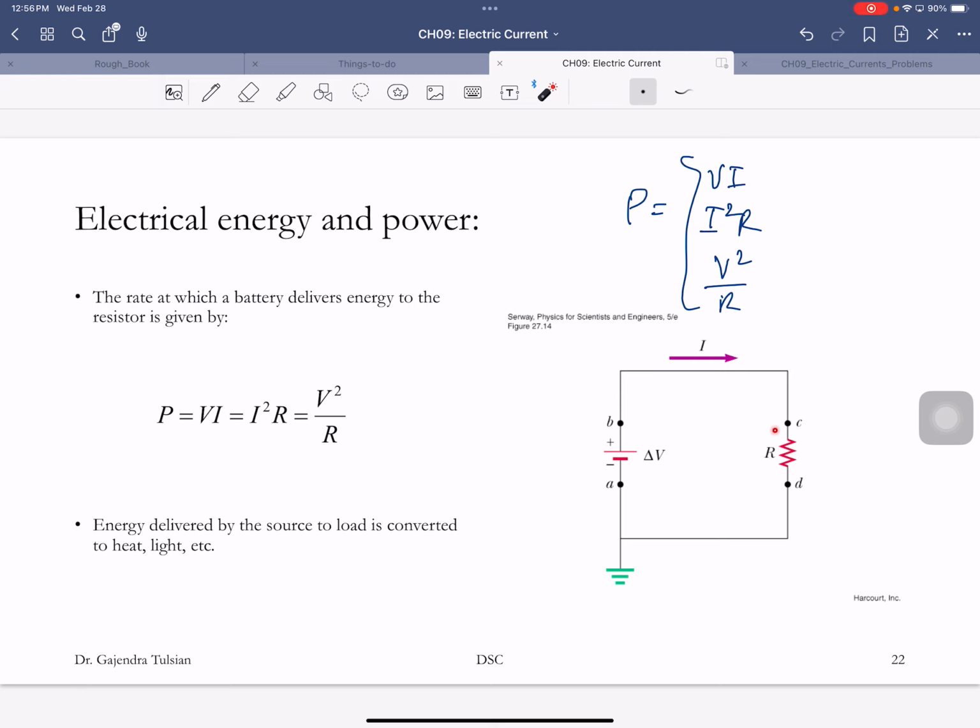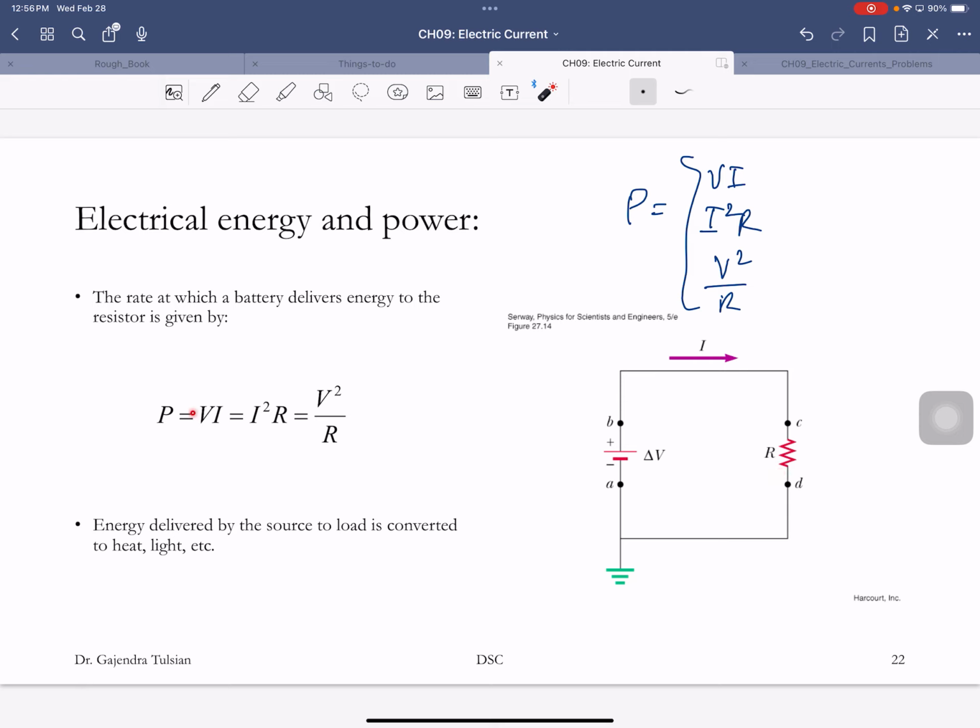And then what's happening to that energy here? This load is converting it into light, heat, or whatever it is that you're trying to do. So a light bulb converts that energy to light and so on. Okay, so the rate at which energy is delivered to the load is I squared R, where I is the current flowing in.